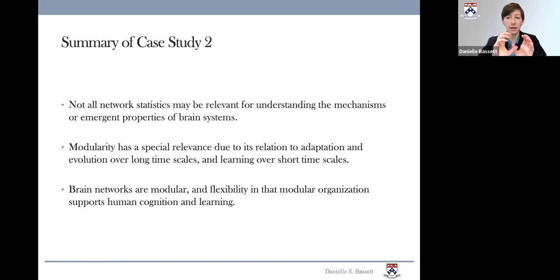We found that brain networks were modular and that they were flexibly modular, and that flexibility in the modular organization supports many aspects of human cognition as well as learning, and can in fact even predict learning in the future.